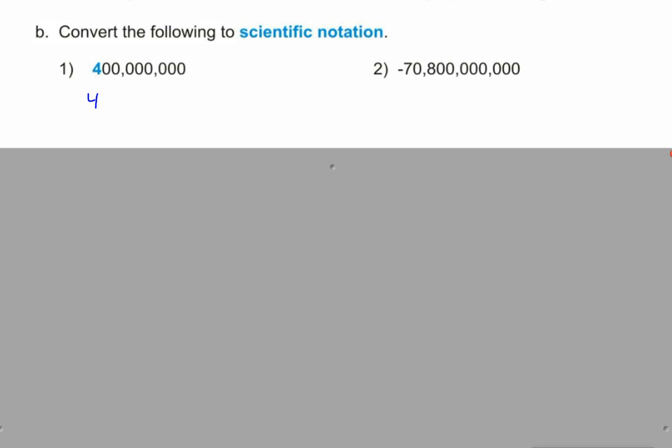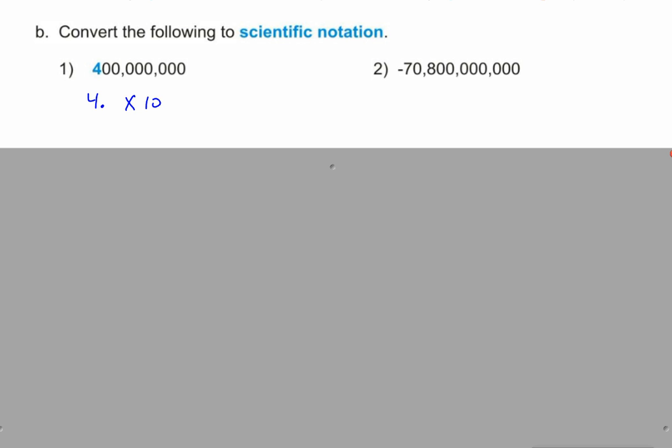We have no other digits that aren't zeros, so there's nothing else to write but 4. That's it. Next it says, place the decimal point after the first digit, so we'll stick it there. We're not going to need it, but that's where it goes. You write times 10, and then we have to figure out the exponent.